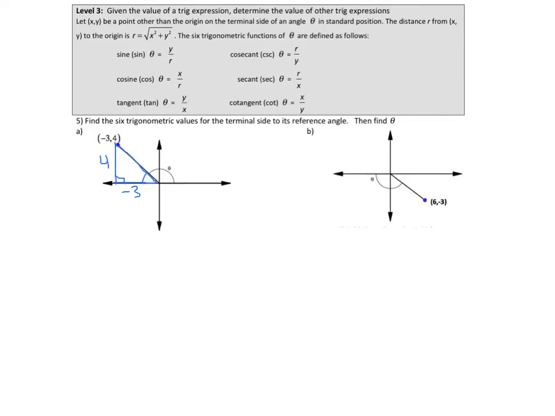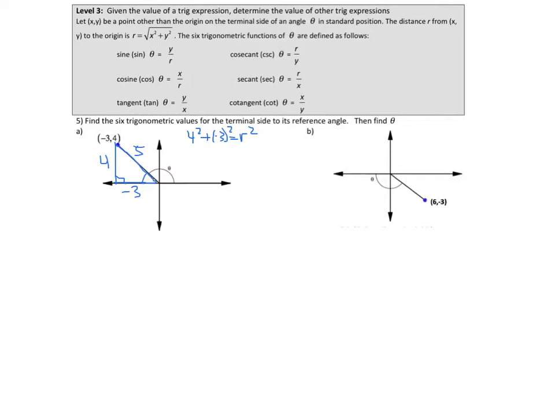With the Pythagorean theorem, I don't really need to worry about negative numbers because the r is always going to come out positive, because 4 squared plus -3 squared equals r squared. I'm trying to find r, the hypotenuse. That's actually a Pythagorean triple. It's a 3, 4, 5, so that radius is going to be 5.